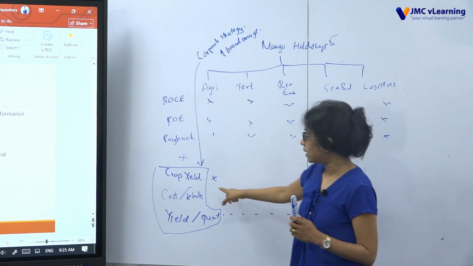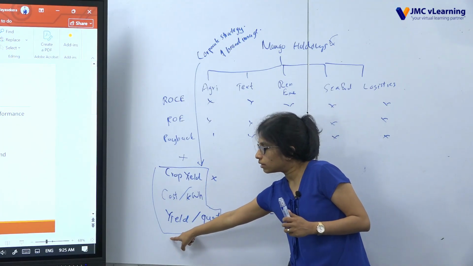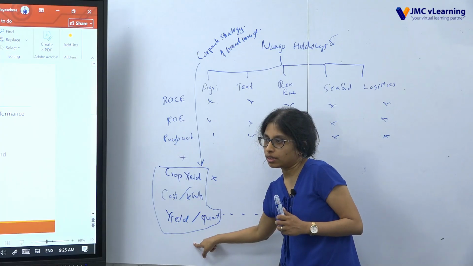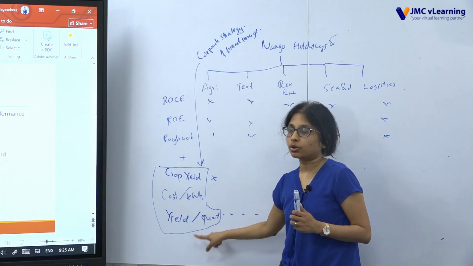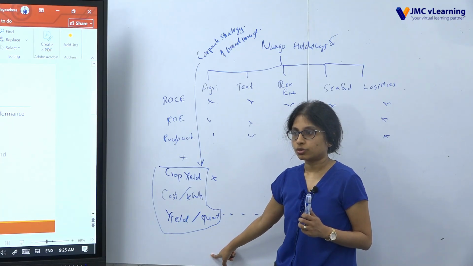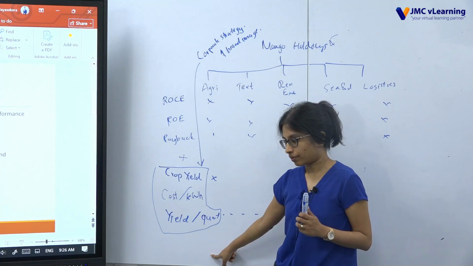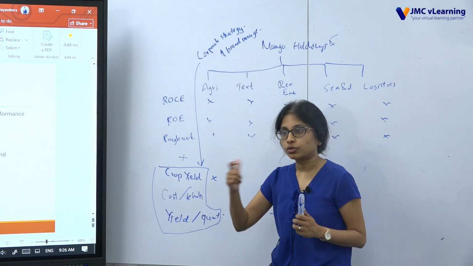Then in addition to crop yield, you have to have a certain metric here that will improve the brand image. Let's say you are going into healthy food or something. So you call it organic food. So you move into organic food.